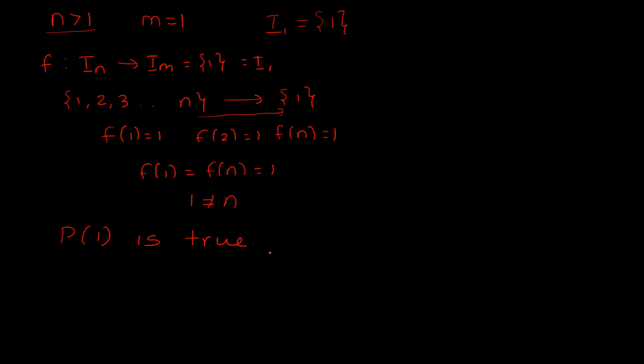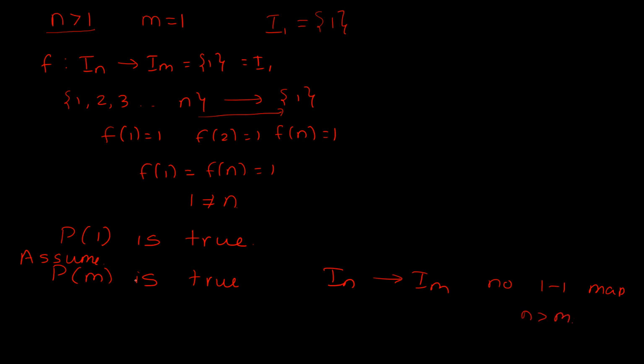Now I will assume that P(m) is true. That is, I will assume that from I_n to I_m there is no 1-1 map for n greater than m, and I will try to prove it for m plus 1.